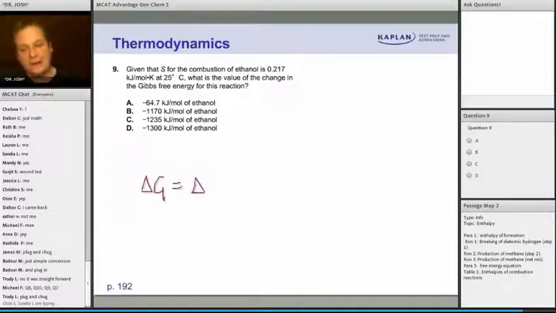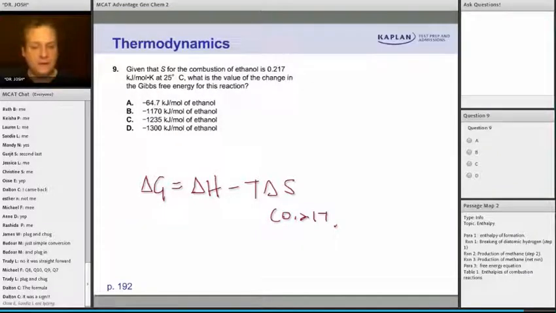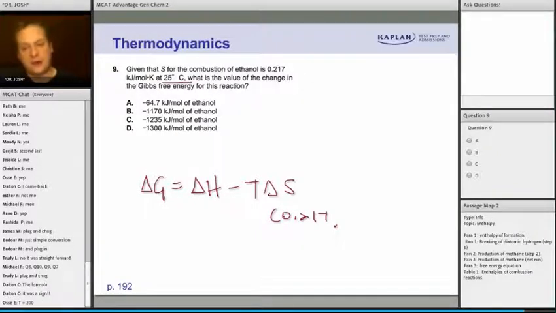But note the passage even gave us the equation to use. Given that the S for combustion is 0.217 and the temperature is 295 degrees Celsius, we've got to remember we can't use Celsius. We've got to convert to Kelvin.